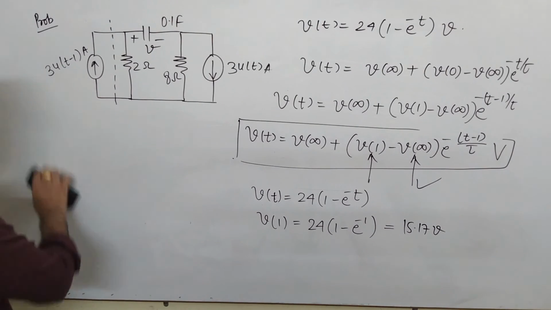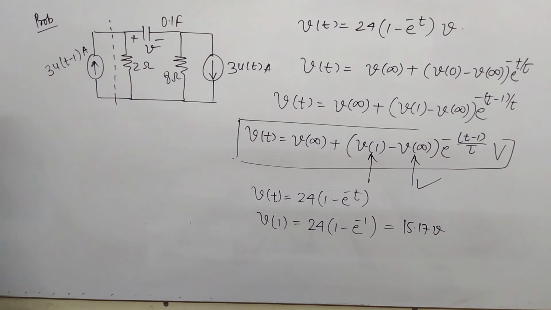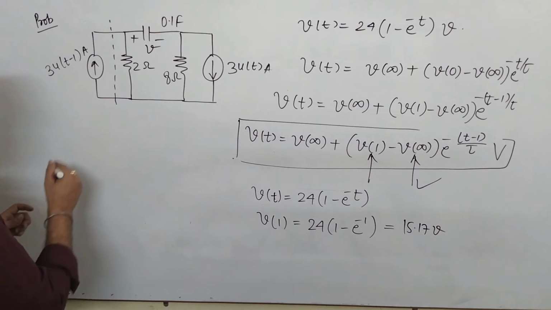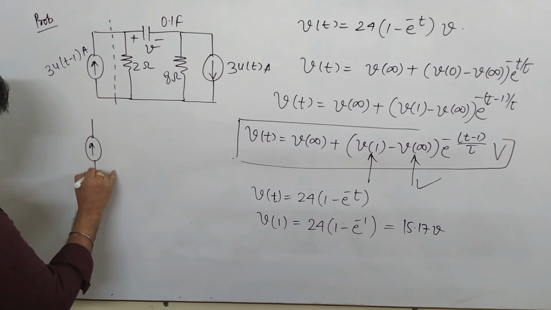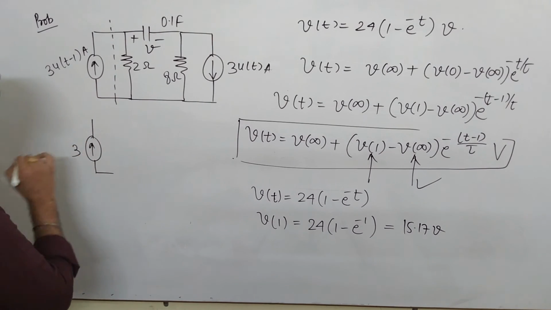Okay, so for again finding the value of V infinite, now what will happen? All the sources will come into picture. So this source now will become 3.